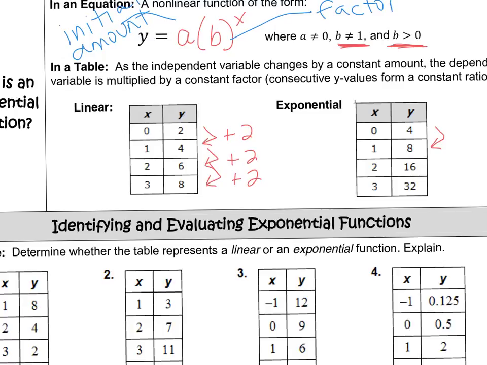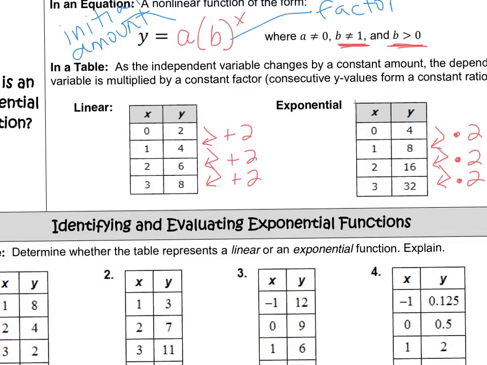So this isn't a linear one because it's not got a constant rate of change, but I am multiplying it times 2. And that's the pattern that this exponential function is taking. So yes, both my examples are by 2. 2 is not the issue. It's the fact that linear, we're adding the same number every time. In exponential, we're multiplying by the same number every time.